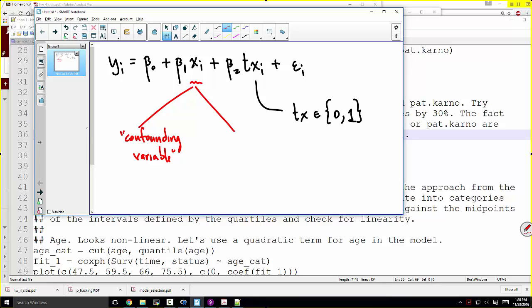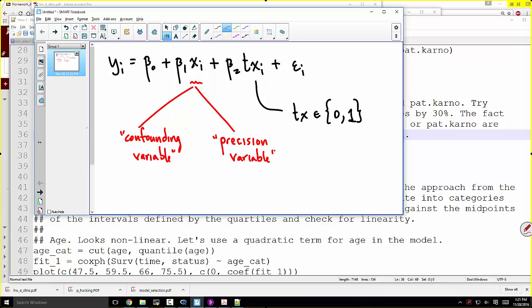If it is not a confounding variable, if the coefficients of the other variables do not depend on it being in the model or not, we can call it a precision variable. What that means is it's not necessary that you adjust for it. You don't have to adjust for a precision variable because it doesn't affect the other coefficients.